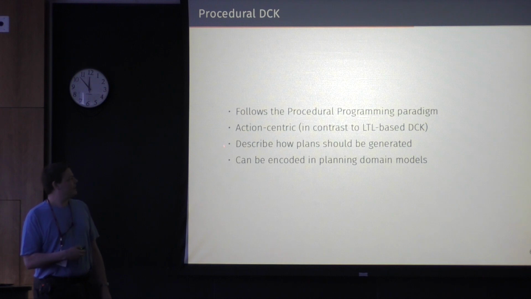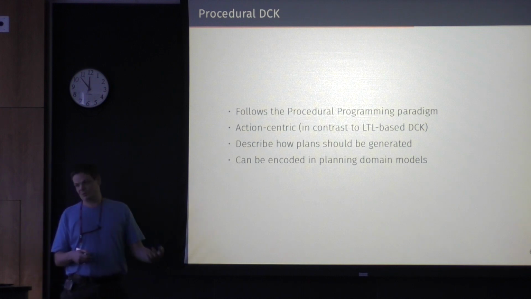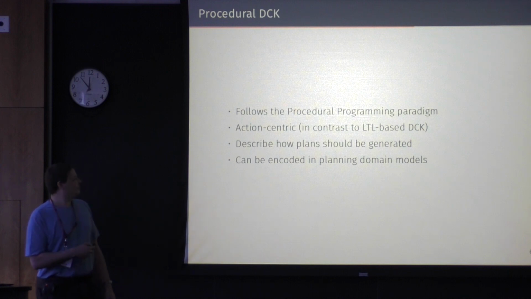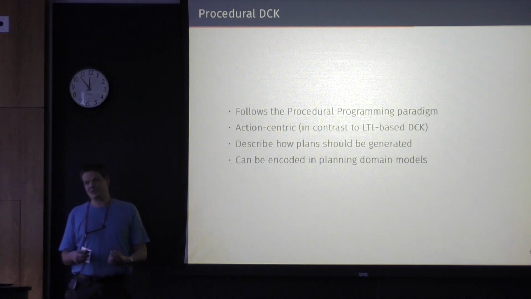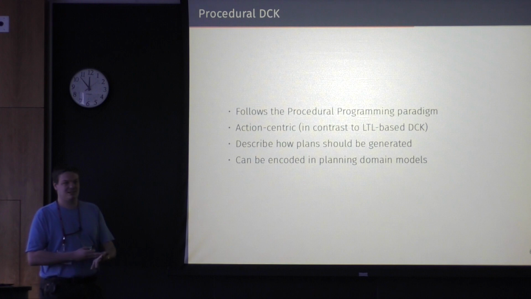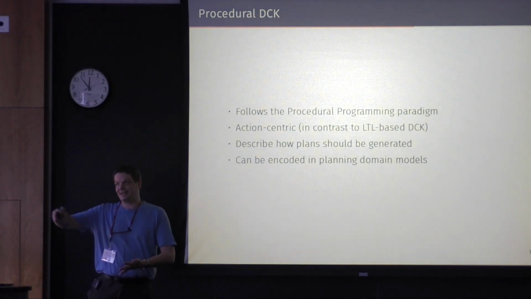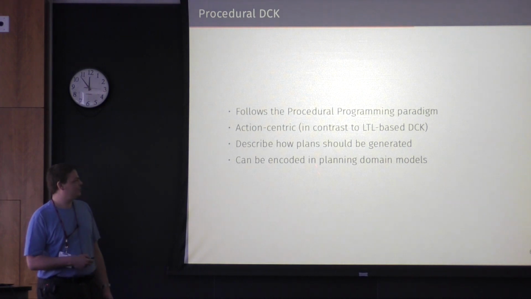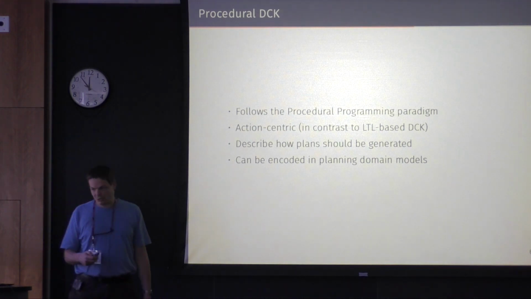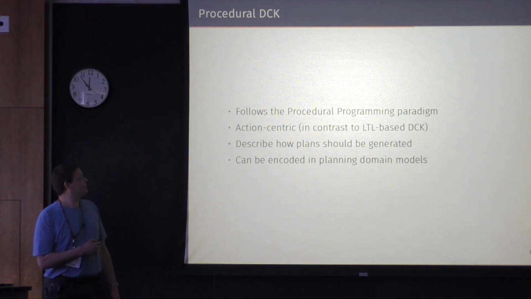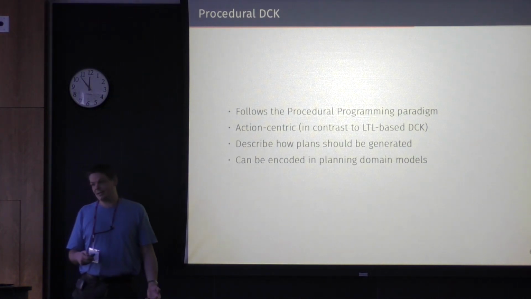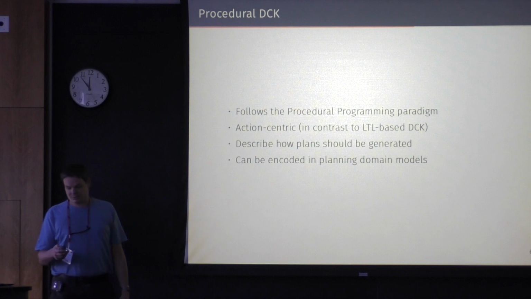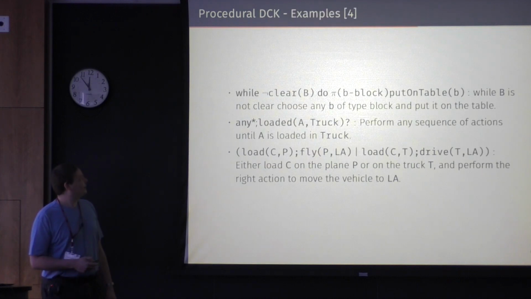In contrast to control rules, this domain control knowledge is action-centric. It says how actions should be ordered in plans. And the advantage of procedural domain control knowledge is that it can be encoded in planning domain models.